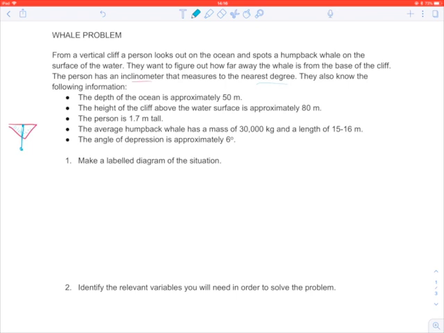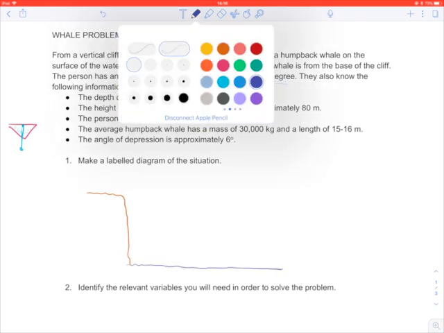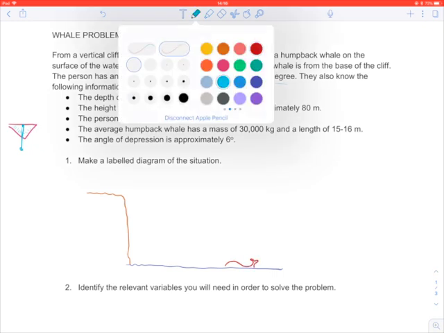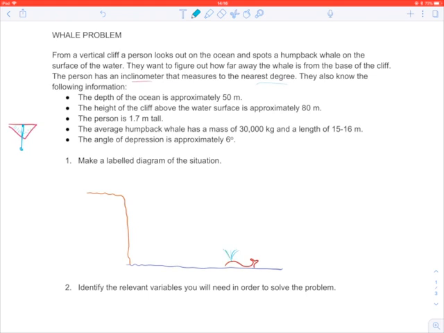So let's make a little sketch. Here's the cliff. Here's the ocean. And here's the whale. Maybe for simplicity, let's ignore that and just go dot.